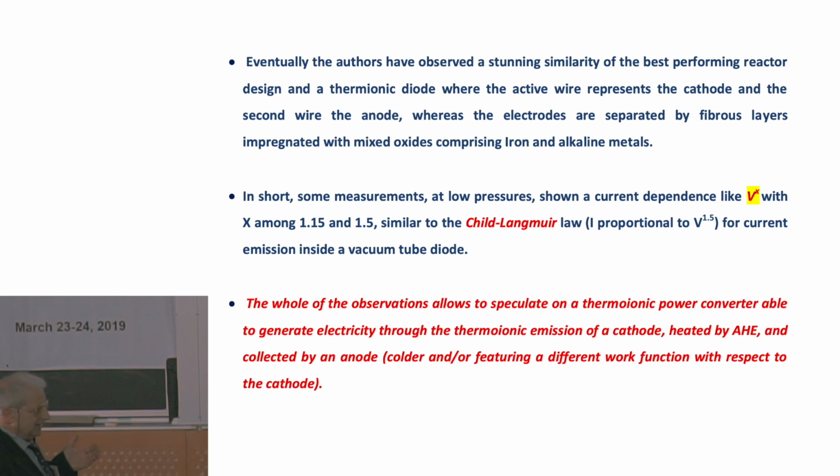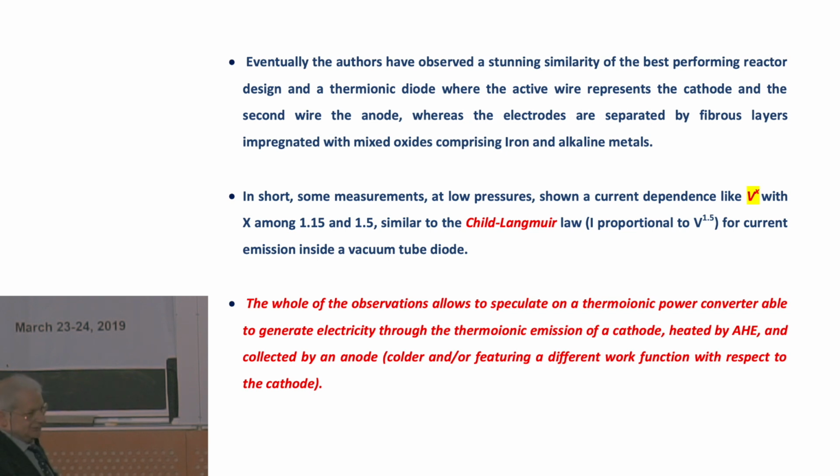Another point: again, we have the wire put at the core of the reactor, and we measure the current coming out, changing the voltage or the temperature. And we found the exponent was about 1.1 to 1.3, while the theoretical Child-Langmuir value is 1.5.